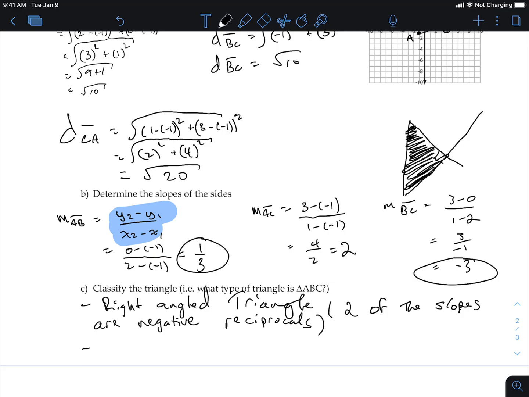Is that French? How do you spell isosceles? We don't speak French in here. I don't know what you said. It's the same word. I'm just joking. It doesn't look right though.